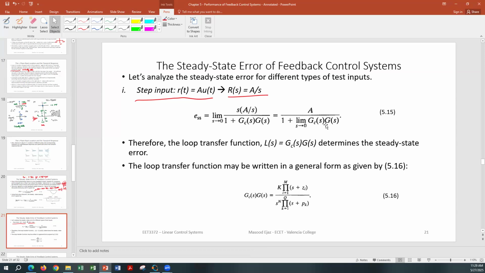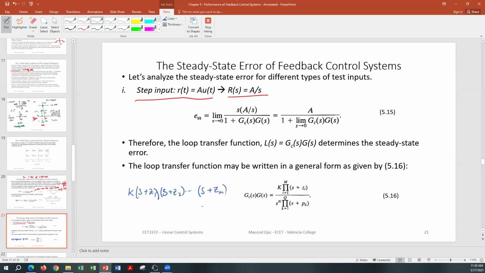And the general expression of the loop transfer function can be given by this expression. So you have zeros on top with a gain, and you have poles in the bottom, and you have multiple poles at s equal to 0. So in general, the loop gain expression can be given by K(s + z1)(s + z2) up to (s + zm).